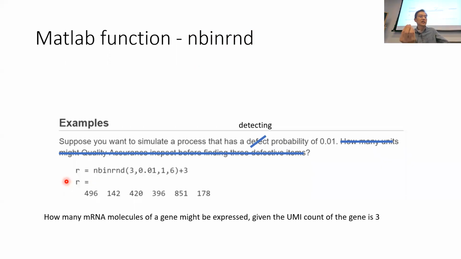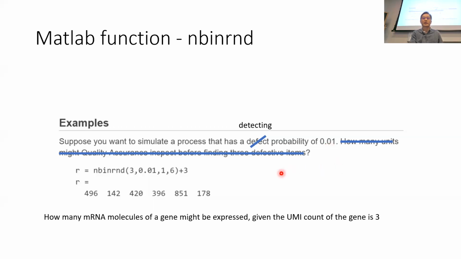If I have an mRNA in the single cell, because of the sequencing bias, the mRNA cannot always be transcribed and detected by my sequencing. So I have a very low probability to detect it. Suppose we have only 0.01 probability that, if there is an mRNA in the single cell, I could detect it at the end. So the probability is 0.01.